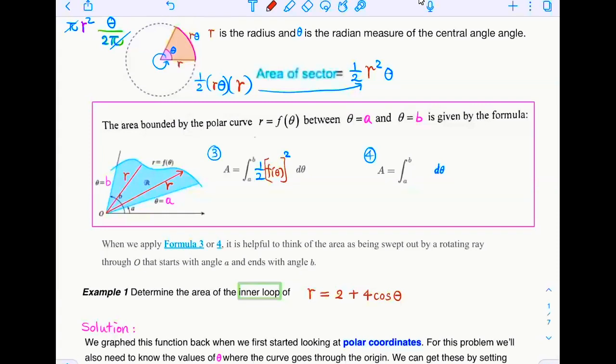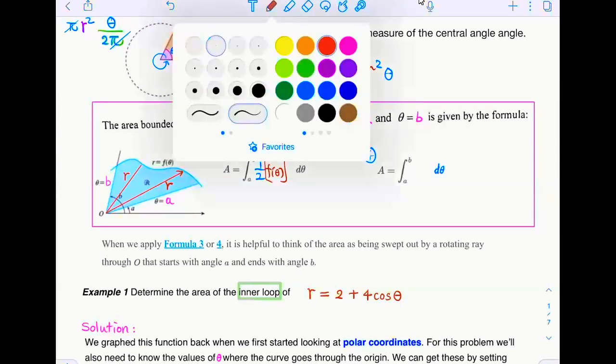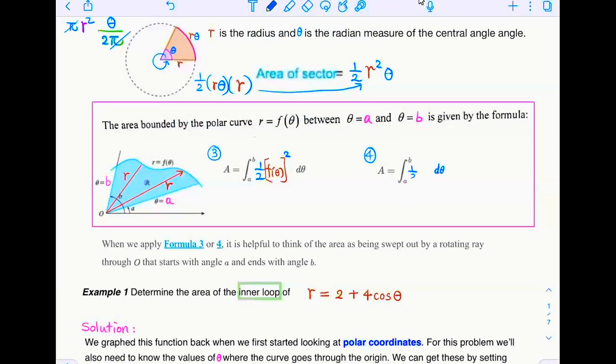Now, if you divide this into small sectors, then each sector is like part of a circle. It's a sector of a circle. Each one is going to be 1/2 r squared.